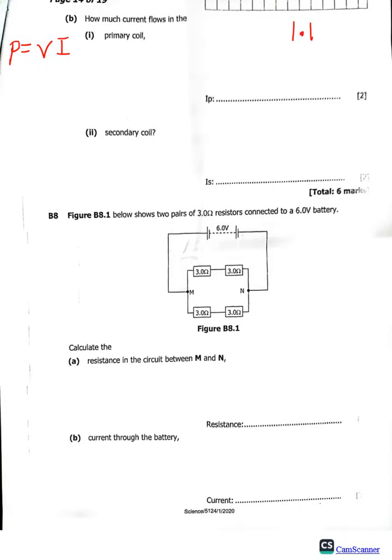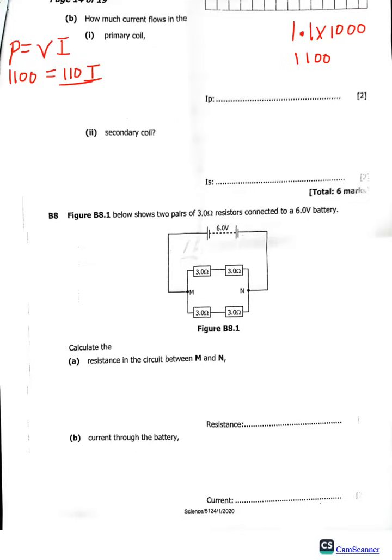For us to use this formula, the power should be in watts, so we multiply by 1000 because of the kilo, giving 1100. So 1100 is equal to the voltage, 110, times the current.